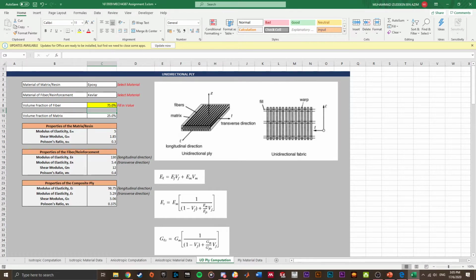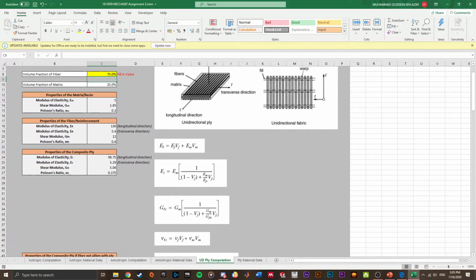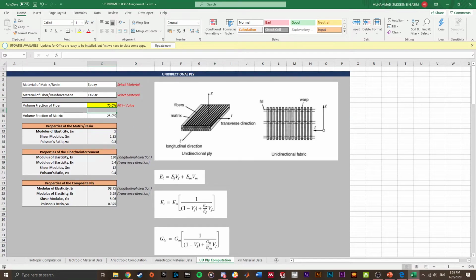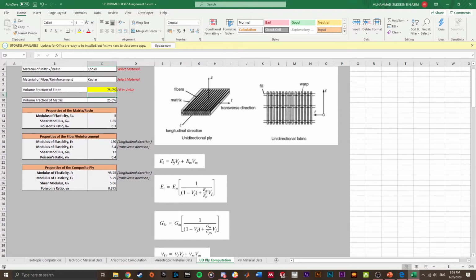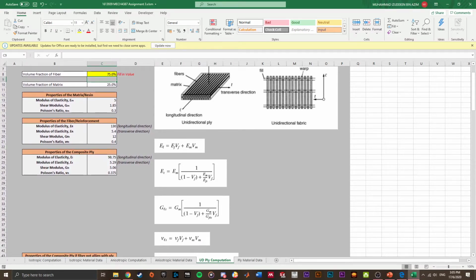We can see here we have material of fiber, and then we have a volume fraction between those two, based on what we want, based on what desire we want to make our product. Okay, basically it is just, we can see here, a ply consists of fibers and matrix. Okay.